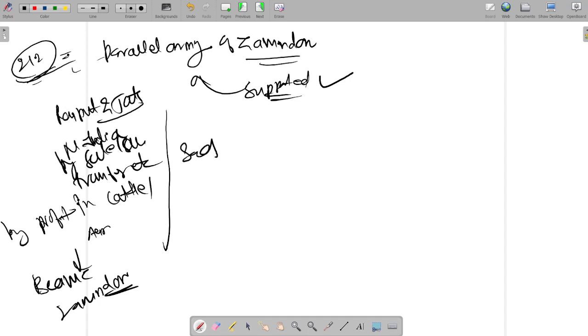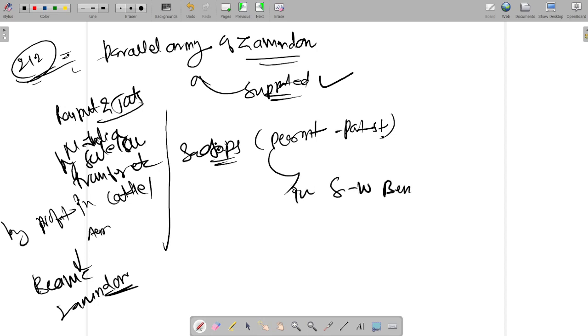Similarly, Sadgopes, that is peasant pastoralists, also carved out powerful zamindaris in southwest Bengal.